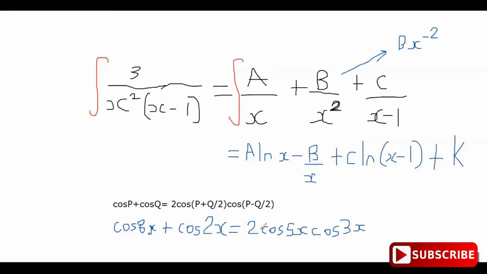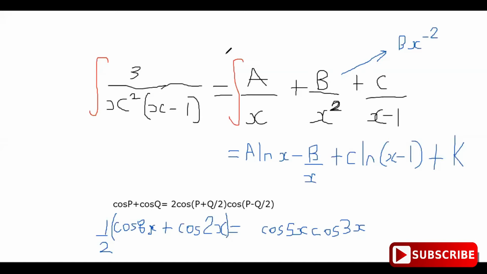So if you want the integral of cosine 5x times cosine 3x, you divide both sides by 2. This side becomes a half, and 2 divided by 2 becomes 1. So a half of cosine 8x plus cosine 2x is cosine 5x cosine 3x.